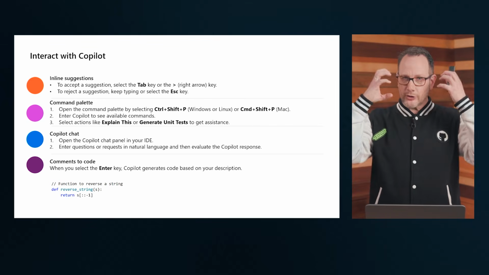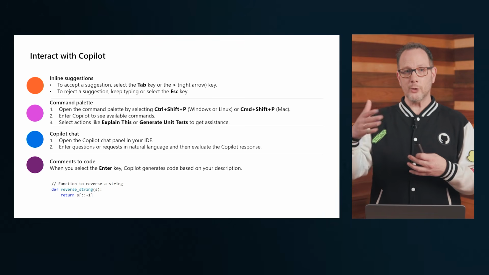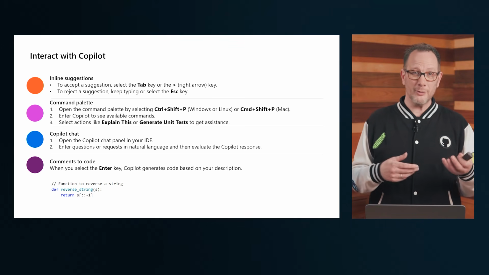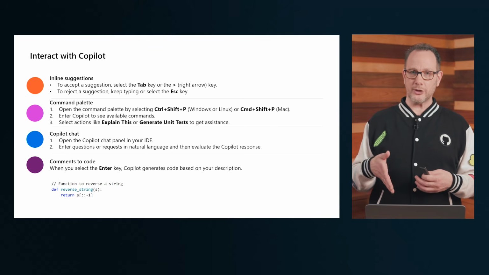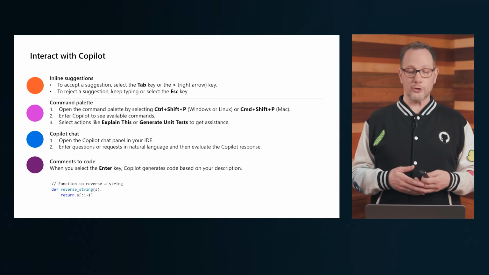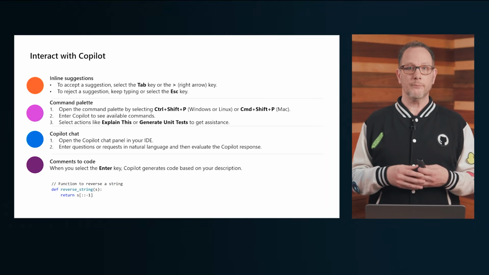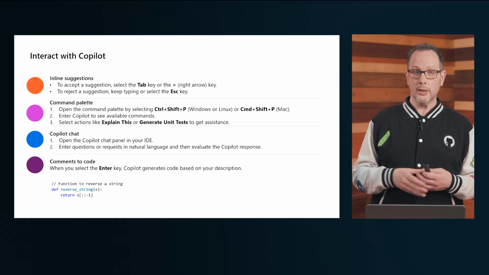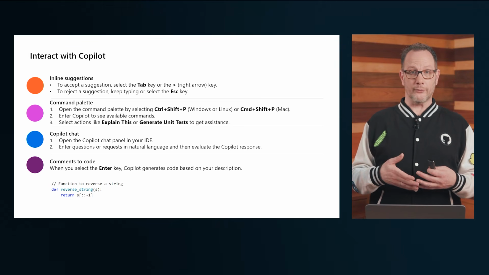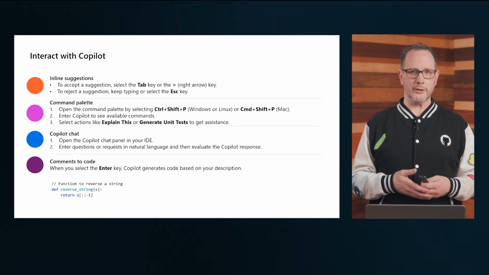This keeps you in that state of flow, especially when you already know what you intend to build and you just need a little bit of help expressing it efficiently using code syntax. Beyond inline suggestions, GitHub Copilot leverages the command palette as well as the Copilot chat panel on the side, which is the interface I personally use most for all my AI interactions these days.